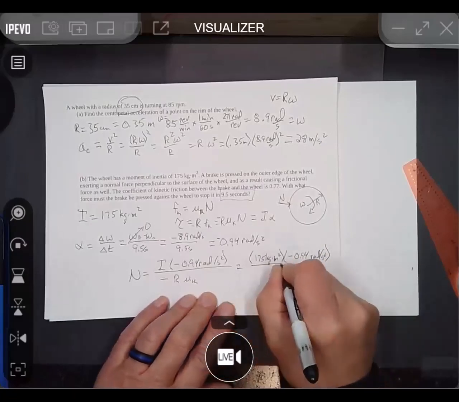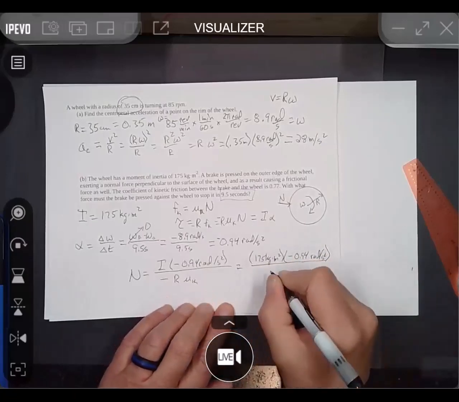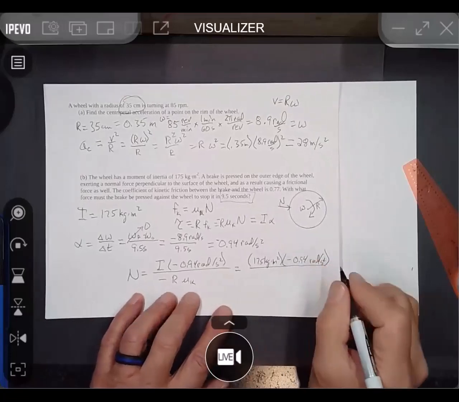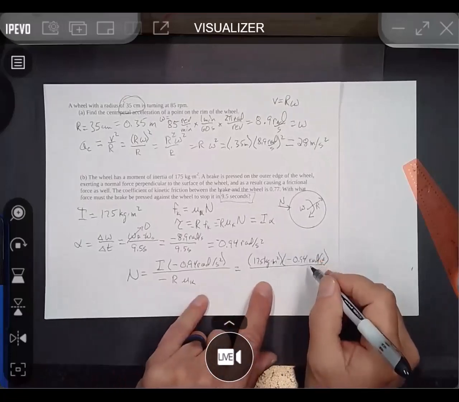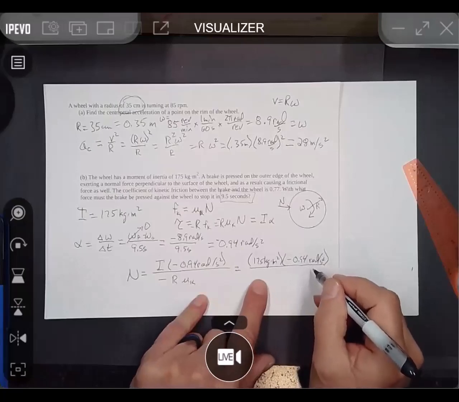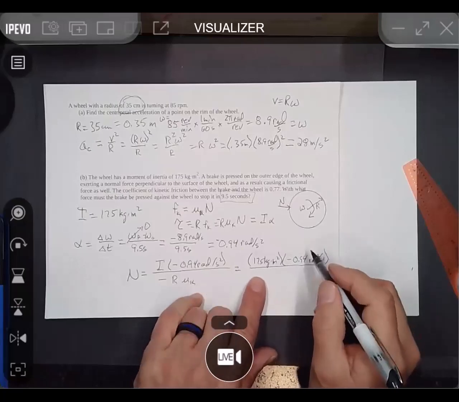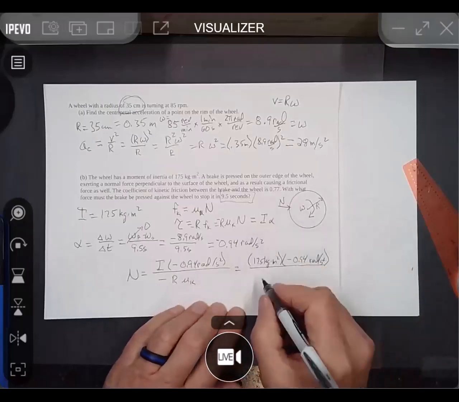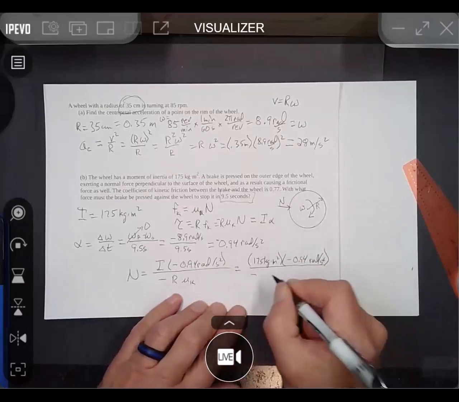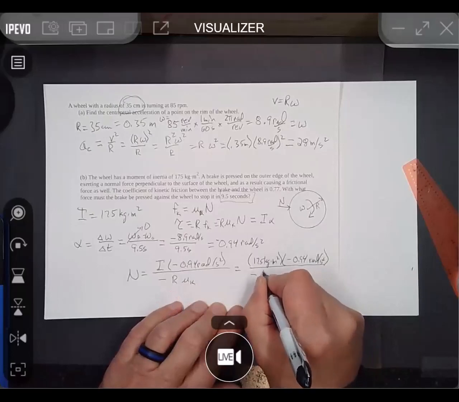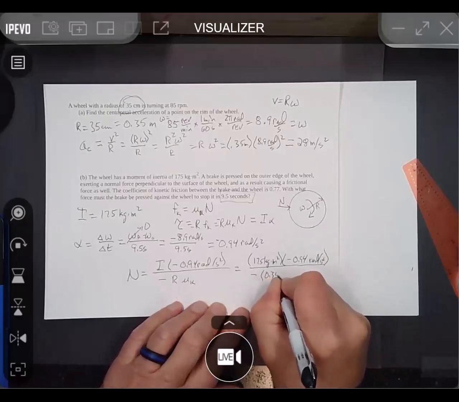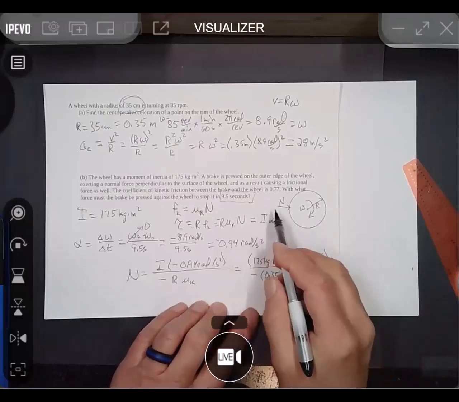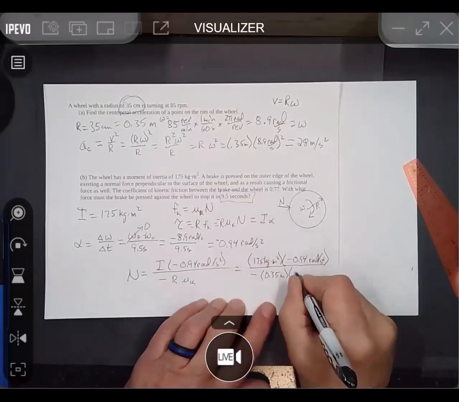Not a real large angular acceleration here, but if this was a flywheel, say for sharpening something, you're not going to want to exert a lot of force on it because you might chip the wheel, which would ruin it. You might just gradually bring it to a stop. And then on the bottom, we've got minus the radius, 0.35 meters. And the mu sub k was 0.77.